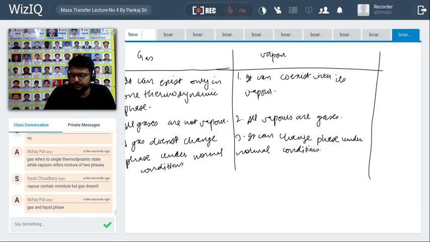Clear to everyone? These were some small differences between gas and vapor, which might be asked in some interviews, because sometimes you know all the difficult concepts but forget the basic definitions, which get asked sometimes.